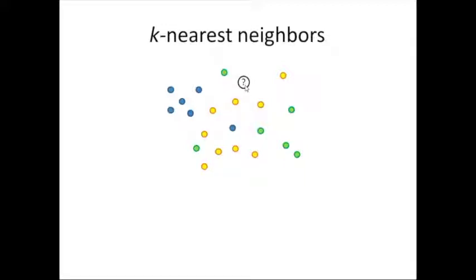So what can we do in case when we're treating all samples as points in a multidimensional space? We can simply find the closest samples in our learning set and then perform voting. So for example, if k equals 3, we can find 3 nearest neighbors. Here we can see that the majority of these neighbors belong to the yellow class, and thus k-nearest neighbors classification with k equal 3 would attribute this patient to the yellow class.